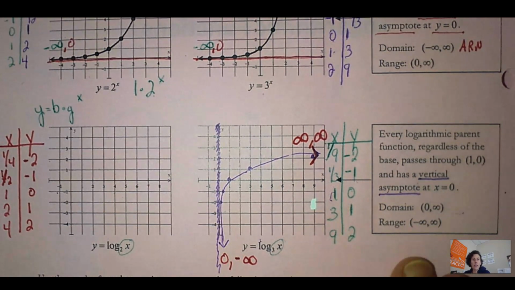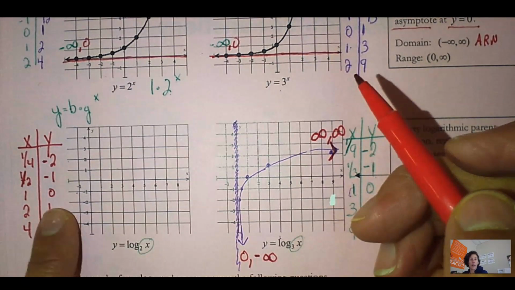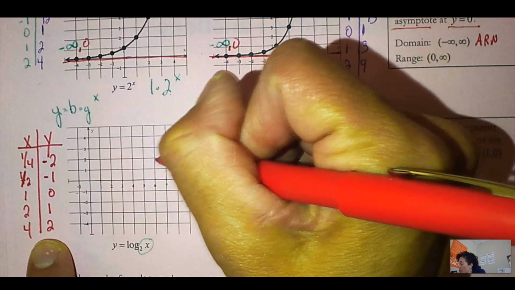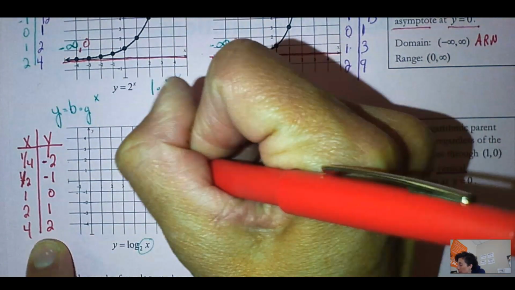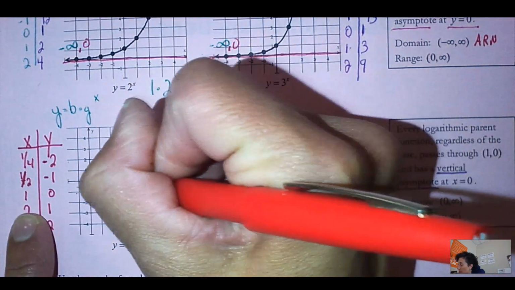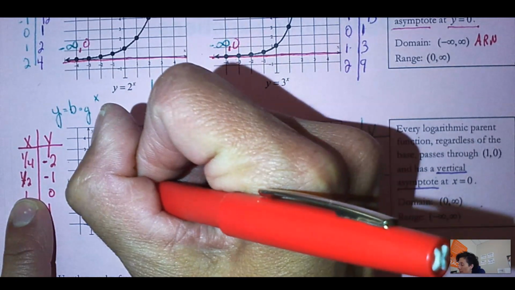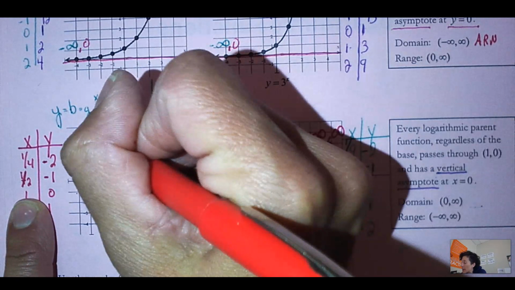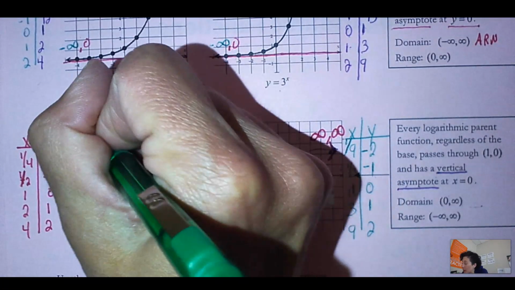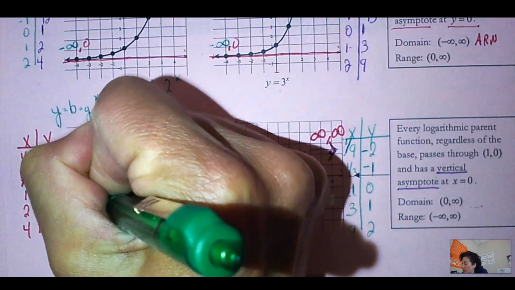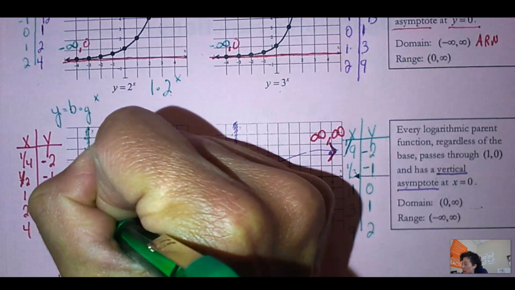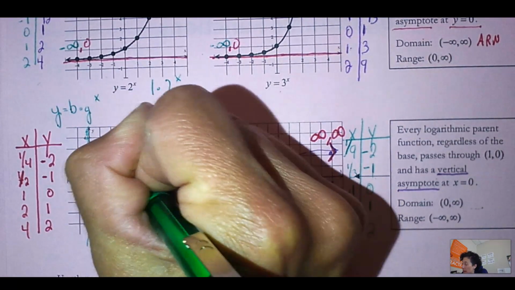So let's just take a look at this one. So again, I like to start with the easier ones. 4, 2, 2, 1, 1, 0, here's a half with negative 1, and then maybe a quarter with negative 2. So again, we've got this wall happening here, our vertical asymptote, and this stuff.